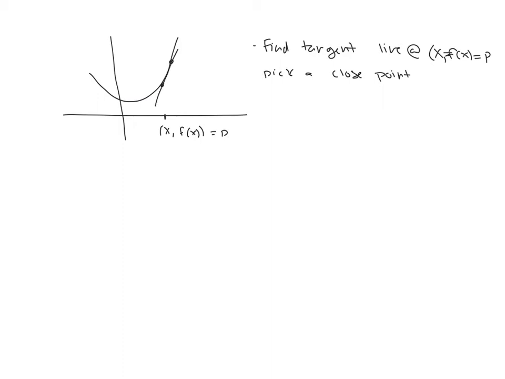So pick a close point, and we're going to call that point, let's say another letter, z, f of z, we'll call that point Q. Close point Q, and find the slope with P and Q. And Q could be a point that's to the left of x, f of x, or to the right of x, f of x.